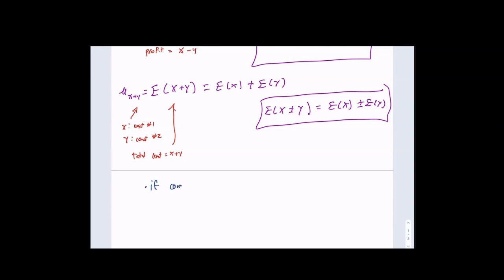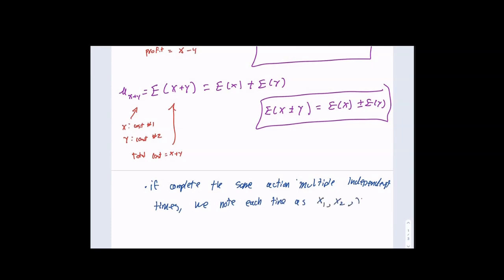If we complete the same action multiple independent times, we note each time as x1, x2, x3.